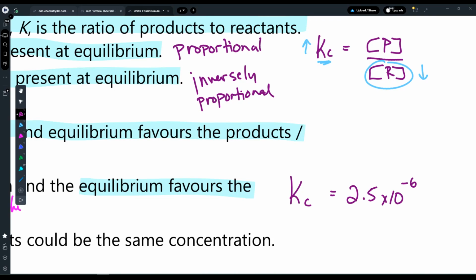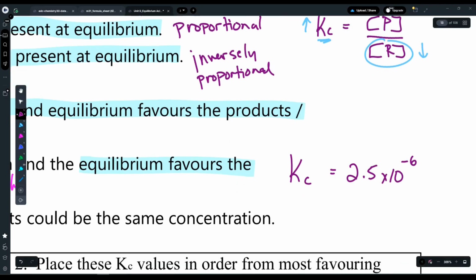If we weren't writing this in scientific notation, it would be this number. This is a very small number, a lot smaller than 1, so this would represent that your reactants are favored over your products for this equilibrium.